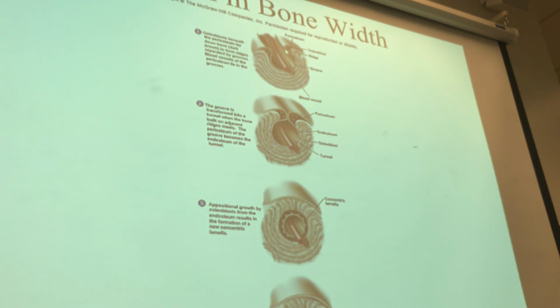As these osteoblasts surround the blood vessel, I'm gonna extend the bone tissue outwards, right here. Then the osteoblasts start to lay new bone material around the blood vessel, and now I have made this bone material a little bit wider and thicker, right?